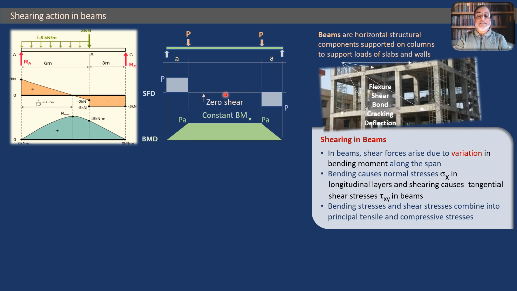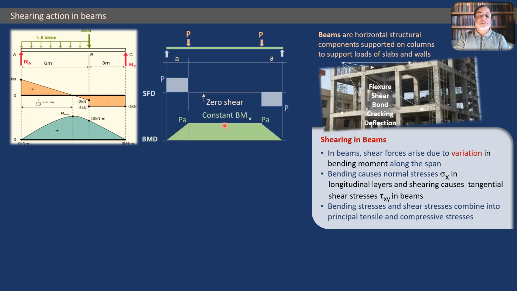So right now we said that shear forces arise due to variation in bending moment. Since the shear force is zero, it means that between these two points the bending moment variation will not be there. If you look at this bending moment diagram, you can confirm this fact: the bending moment is increasing from 0 to the value PA.